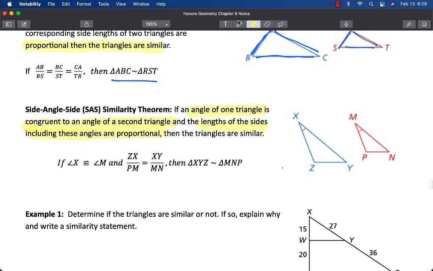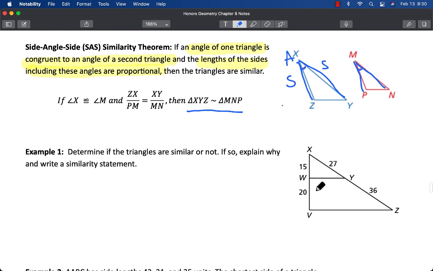In the example provided, angle X is congruent to angle M, and we also know that ZX over PM is equal to XY over MN. So here we have a case of side angle side similarity. These two triangles will be proportional and therefore they will be similar triangles.